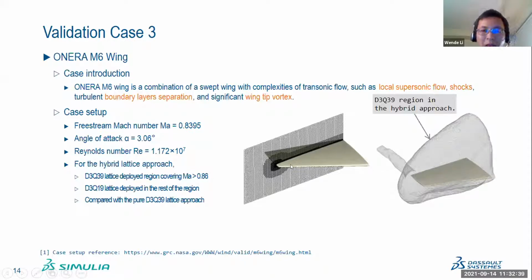And we compare the hybrid lattice solver, using the isothermal region at Mach number 0.86, where the Mach number is about 0.86, with the pure D3Q39 lattice approach.